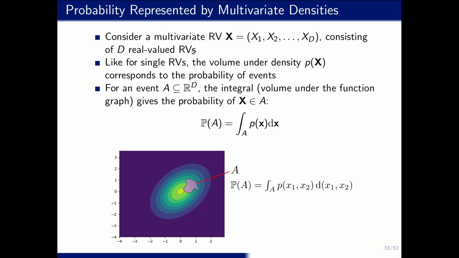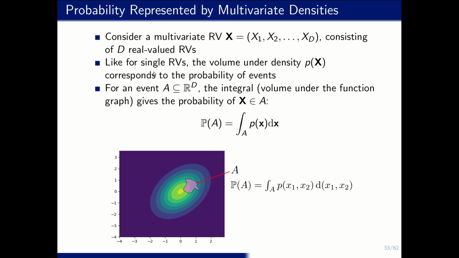Now, if we have a density for this random vector, the density is just a function in d-dimensional space, and probability works very much as for single random variables. The probability is given by the volume under the density p of x. So this corresponds to the probability of events.